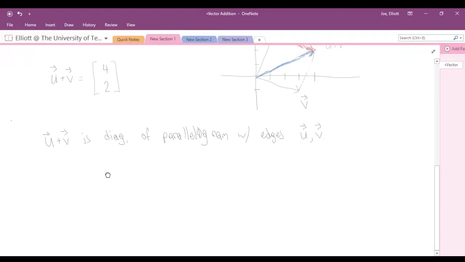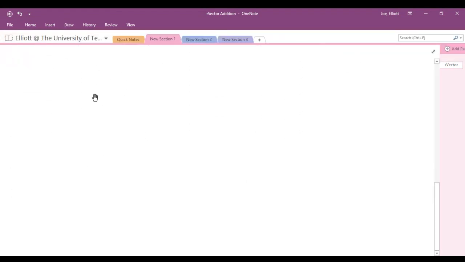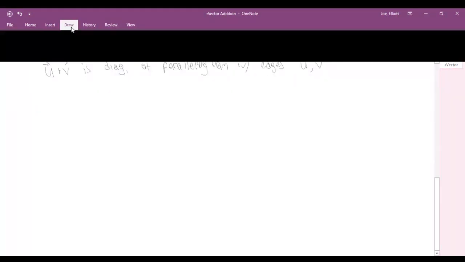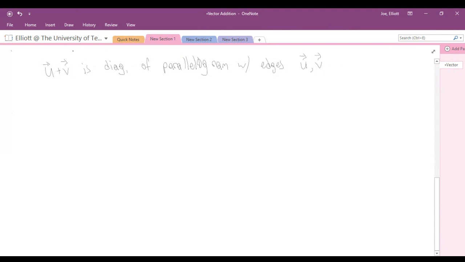All right, so just moving on, I'll quickly address scalar multiplication, which is also fairly simple. And again, it's pretty simple, so just a quick example will do. So let's draw a vector in R2.